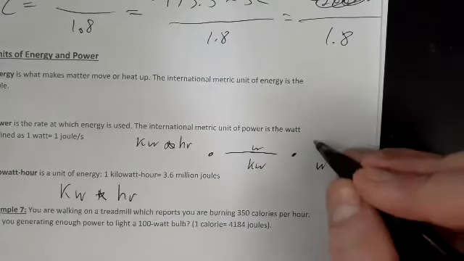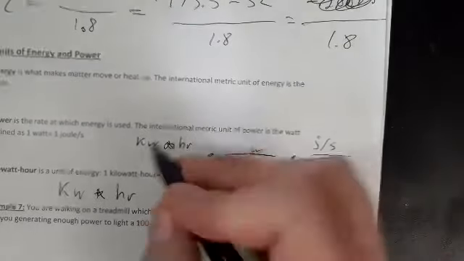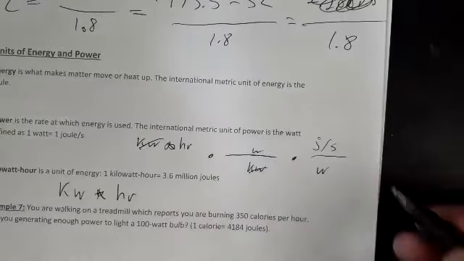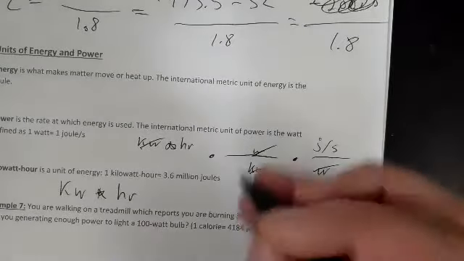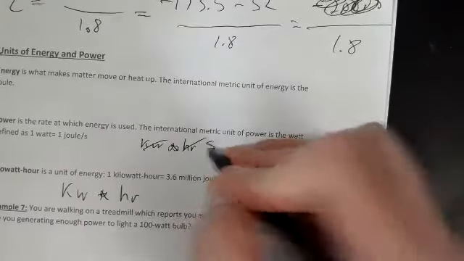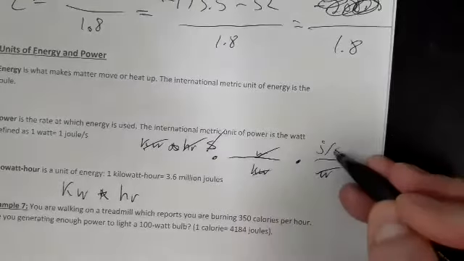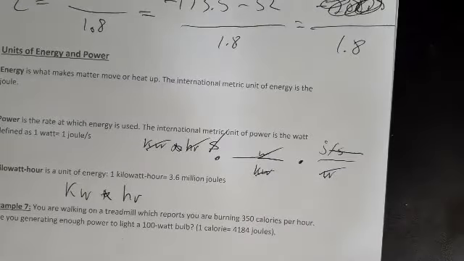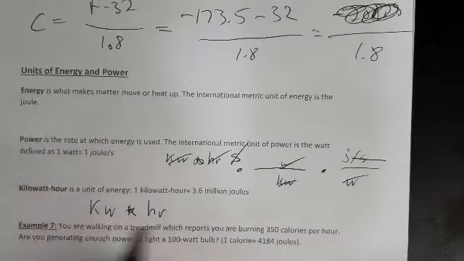So watts, and I can do joules per second up here. And if I do this, this is going to simplify out my kilowatts, my watts. I'm going to be left with joules per second times hours. I know I can convert my hours to seconds. I don't want to write it too much, but hopefully this makes some sense as to why we're getting back to joules. If you multiply this times the time, you're going to get back to your joules.